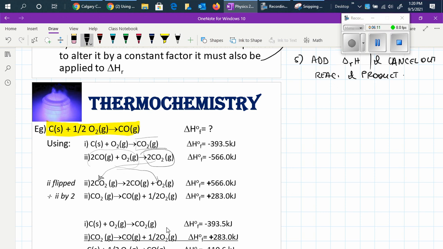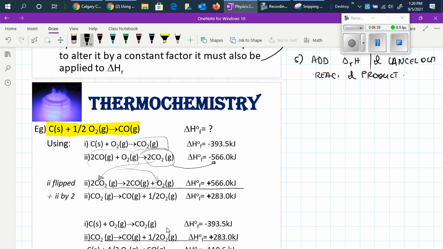Because the first reaction has carbon dioxide on the product side, we need that to be in the reactant. And by doing so, we flip the sign of the change of enthalpy of formation from negative into positive.